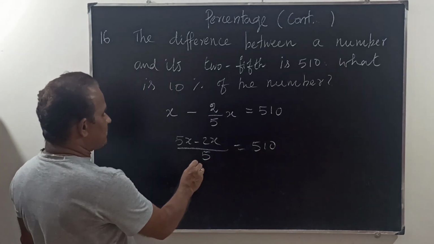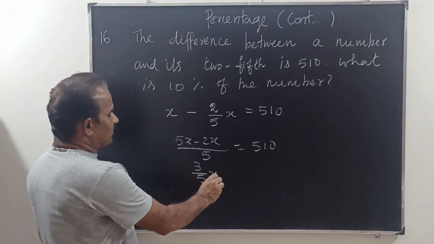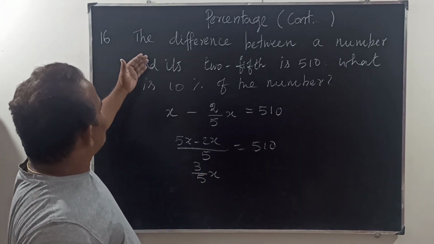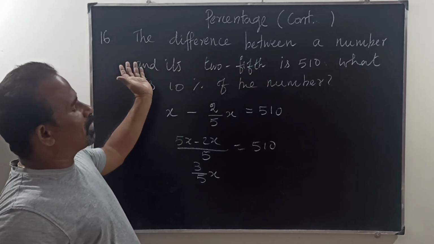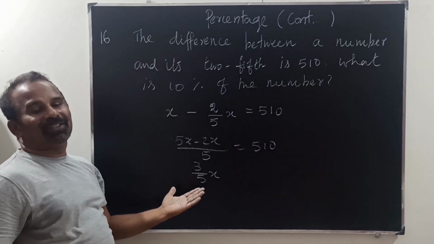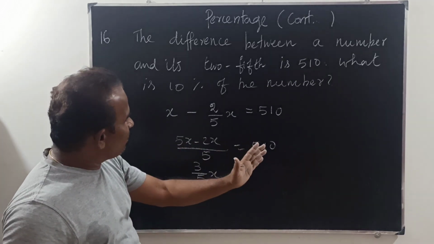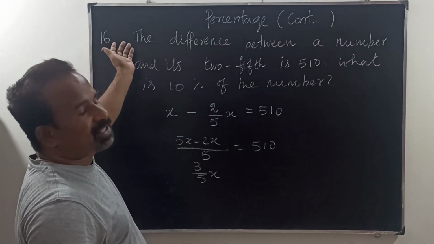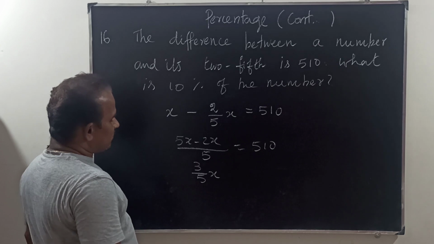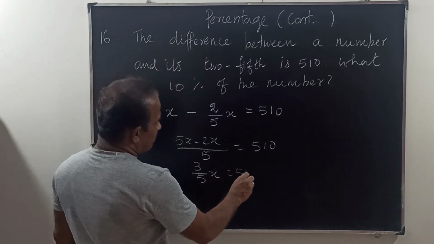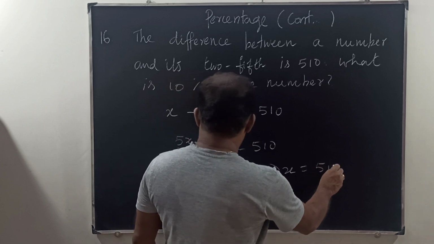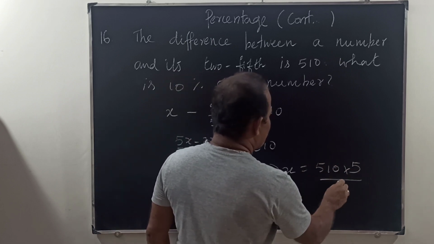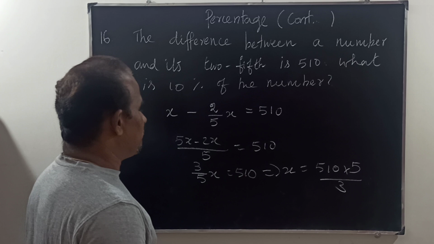Therefore this is nothing but 3/5 of the x. If we subtract 2/5 from that number, remaining will be 3/5. So therefore 3/5 of the x is equal to 5/10. This implies x is equal to 5/10 into 5 divided by 3.